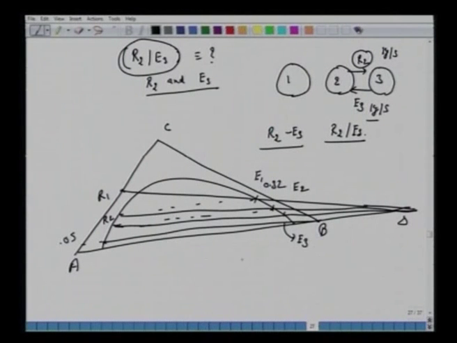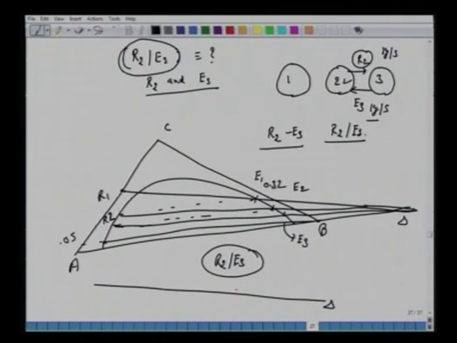So what is R2 over E3? What is the amount of raffinate leaving stage 2 and what is the amount of extract arriving here? So what is R2 over E3? So we have a straight line like this. Del, somewhere here we have this E3 and somewhere here we have this R2.